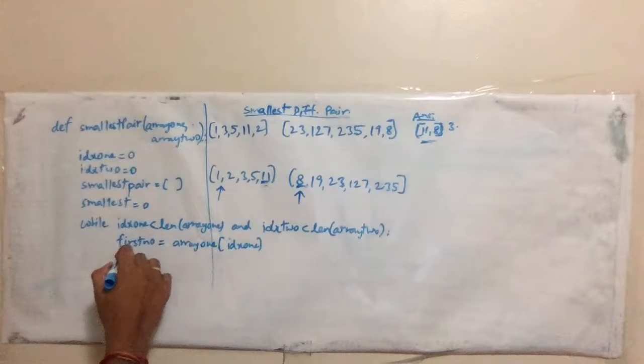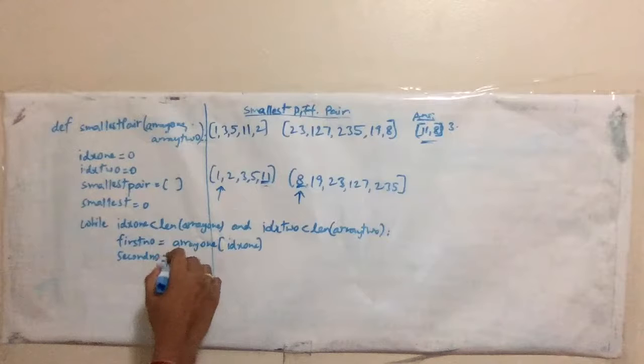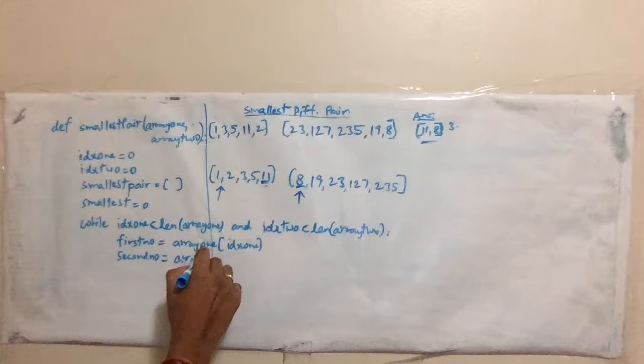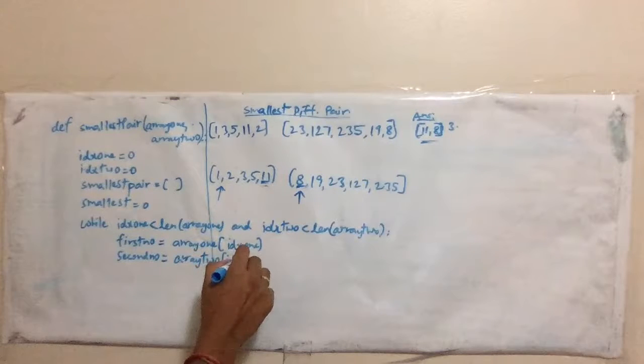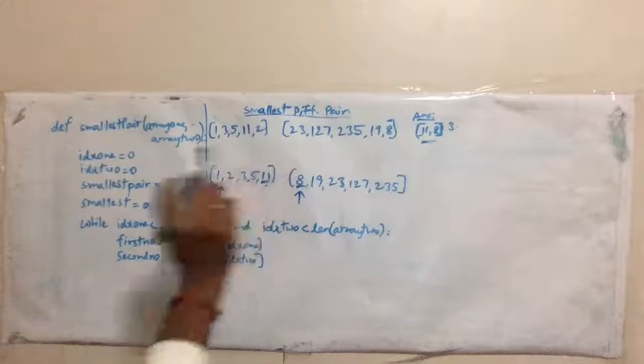The second number is the number in the second list, appearing from array2, with index idx2. So this is the first number and the second number.